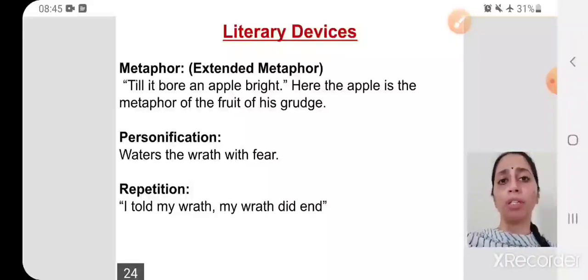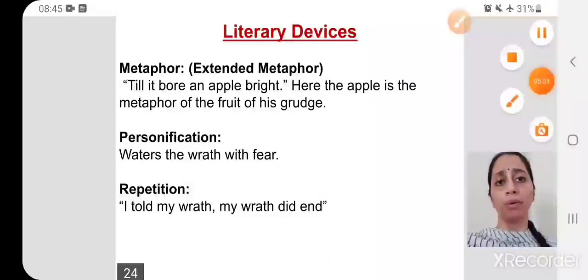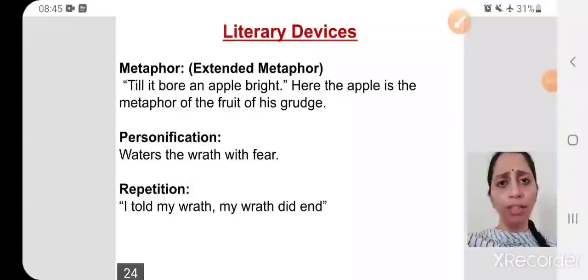Personification. What's a personification? When we give inanimate objects human action or human quality, that is personification. Now pay attention. Waters the wrath with fear. He is saying that his wrath increased. Why? Because of watering it. But what do we water?